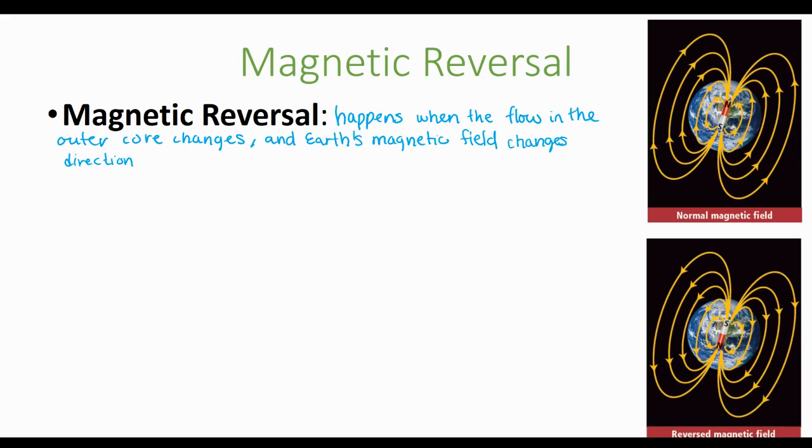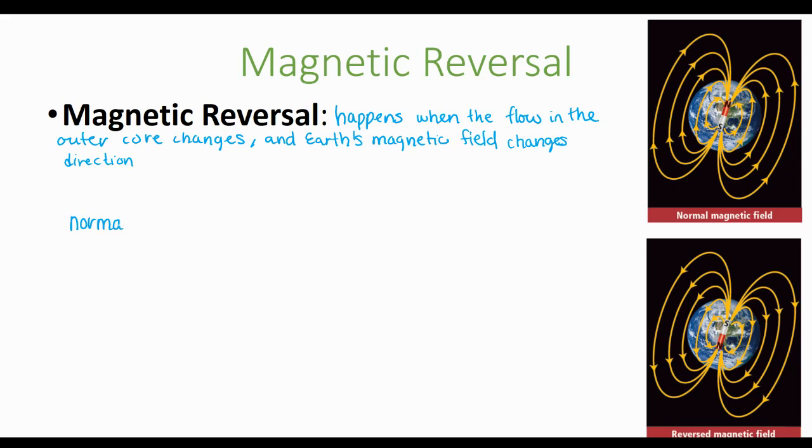This is a picture of what we call a normal magnetic field, when the polarity is pointing north. And this is a picture of the reverse magnetic field, when the field is opposite to the present field, so it would be pointing south.